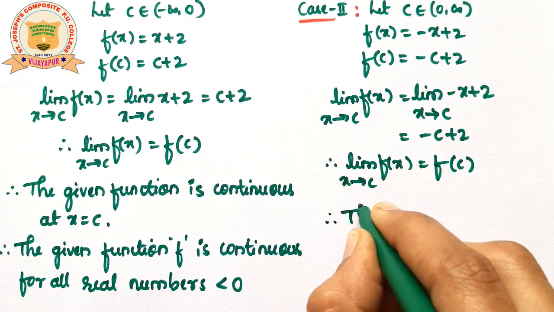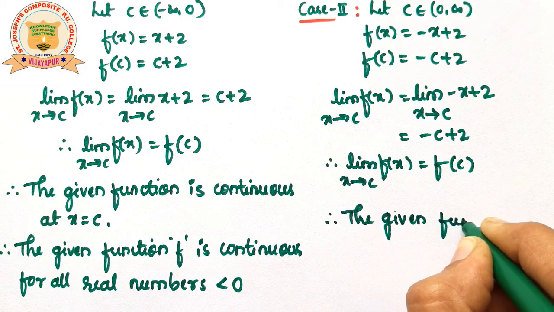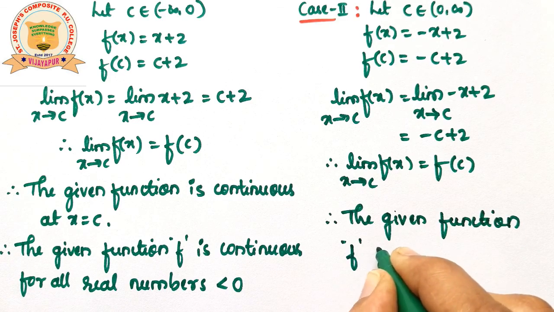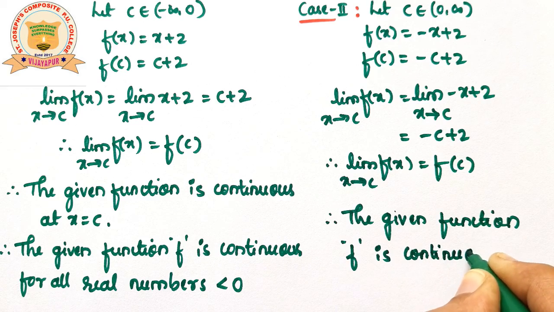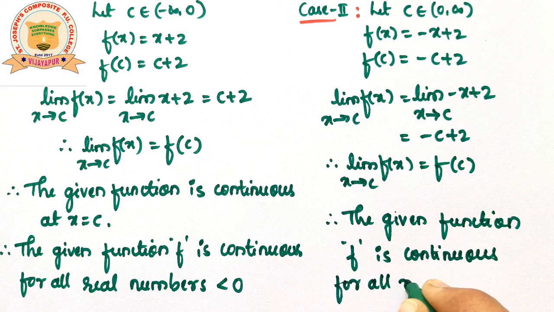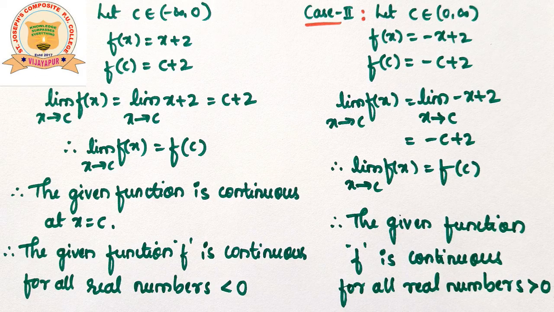Therefore, the given function f is continuous for all real numbers greater than 0. The function is not defined at x equal to 0.